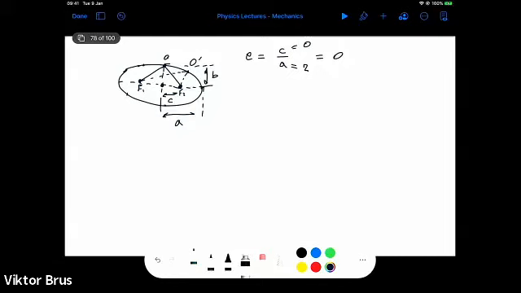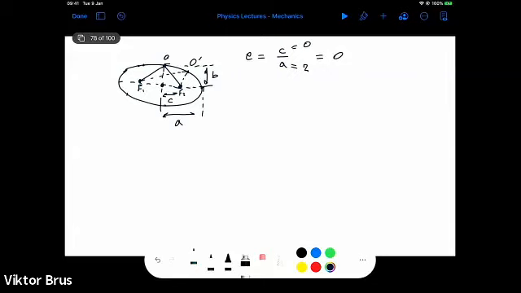This second law was again obtained only from observation of the planets with respect to stars. It comes from the fact that we have conservation of angular momentum.